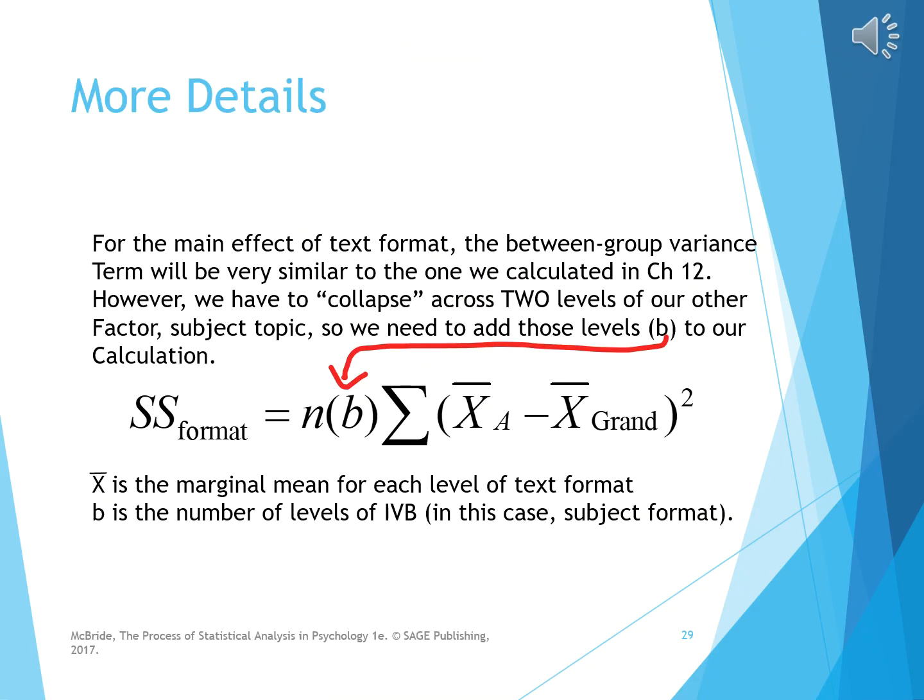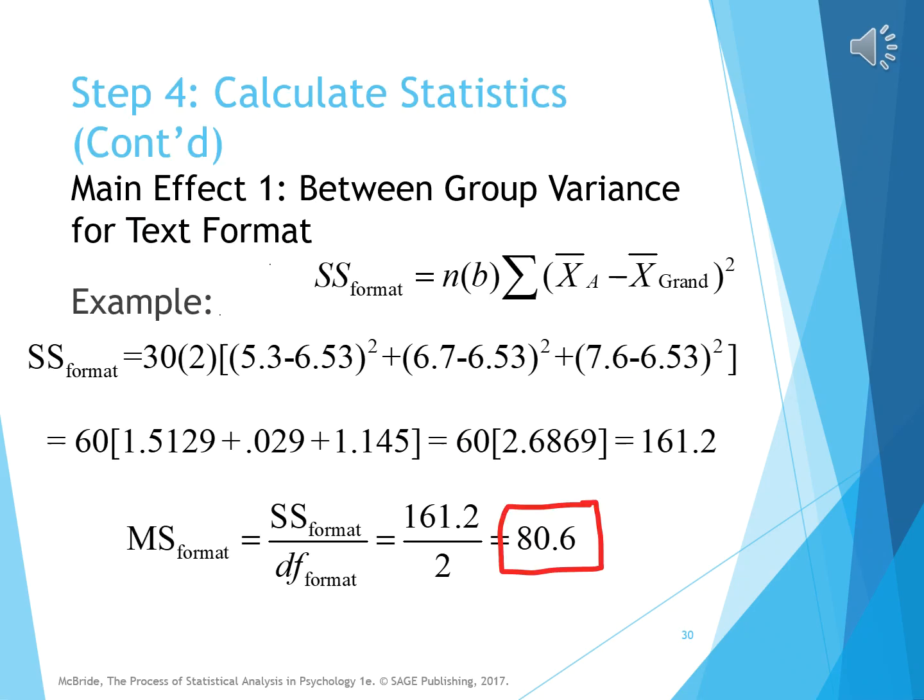This slide goes more into detail for the sums of squares, so definitely take a chance to pause the video and take a look here. The sums of squares between for textbook format is going to be 30, which is the sample size for each of these conditions, times 2, that's the 2 levels from subject, psychology and chemistry.